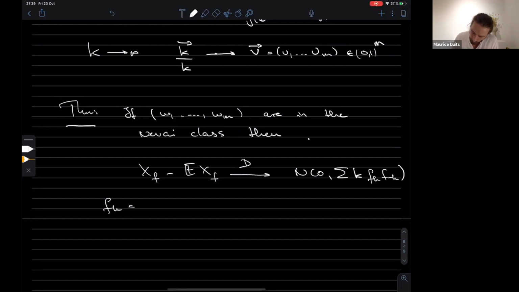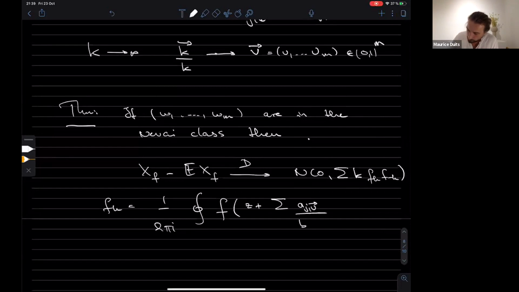Fk is going to be 1 over 2 pi times the integral of f of z plus the sum over aj nu of z minus bj nu.